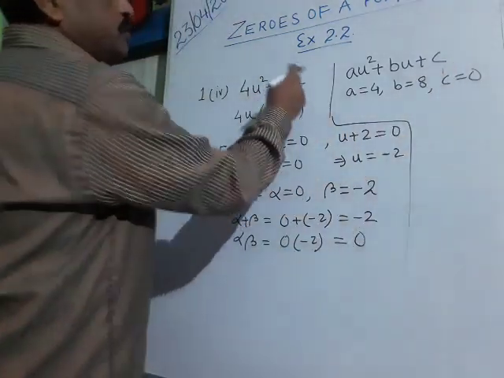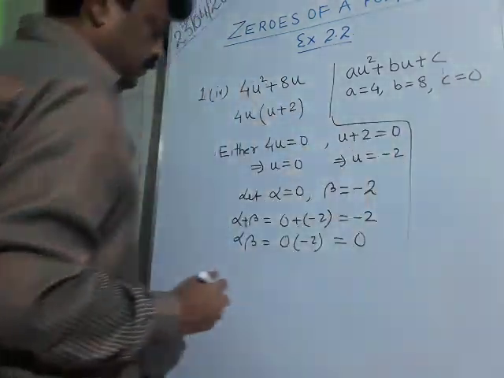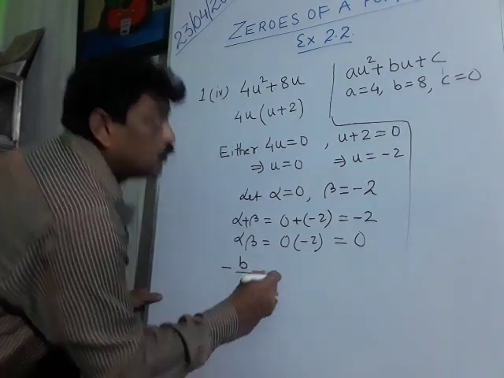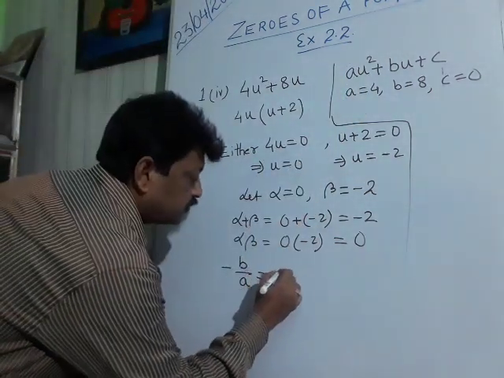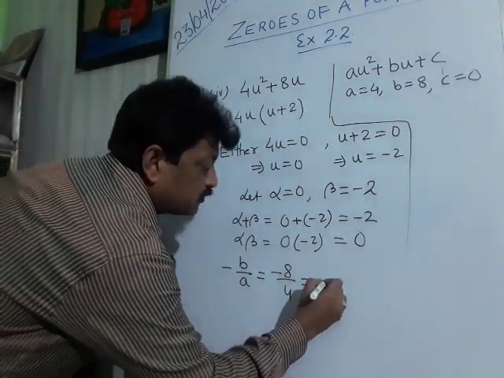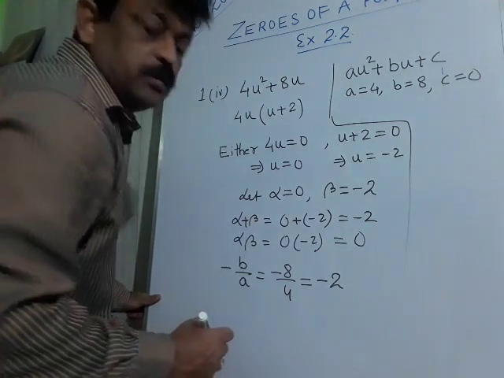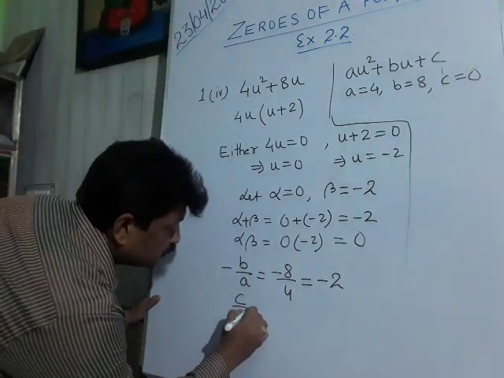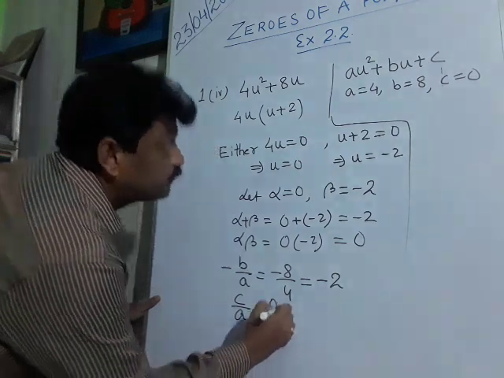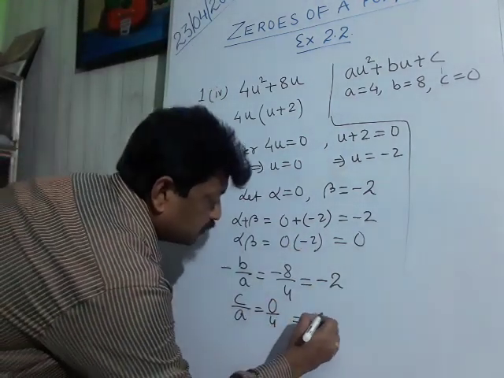The constant term is not there, that means c is 0. So if we find minus b by a, minus b means minus 8 and a means 4, so that will give us minus 2. Similarly, c by a, c is 0 and a is 4, so that will give us 0.